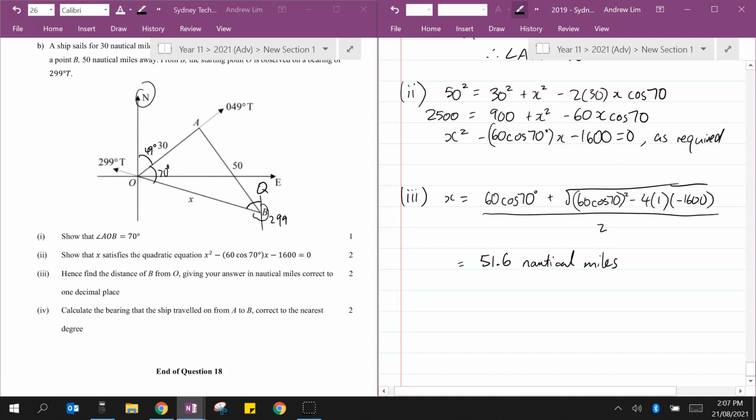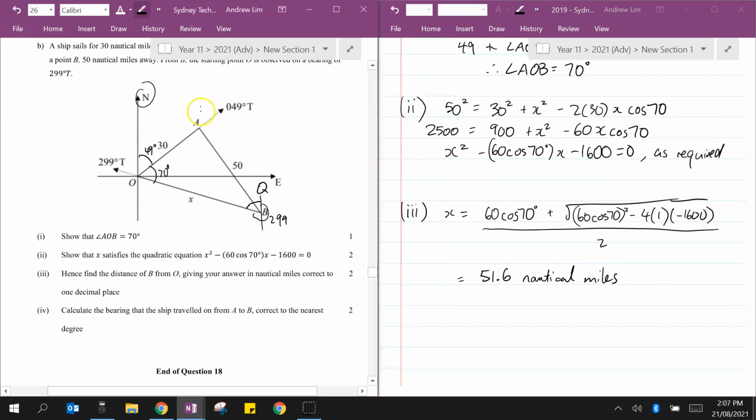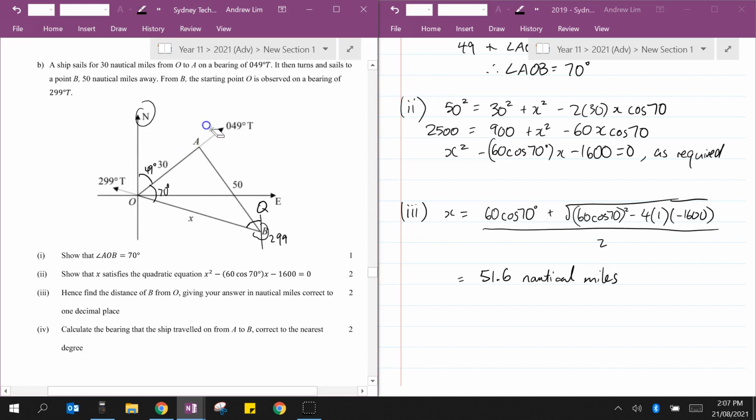Calculate the bearing that the ship traveled on from A to B. So we want to work out this angle, correct to the nearest degree.